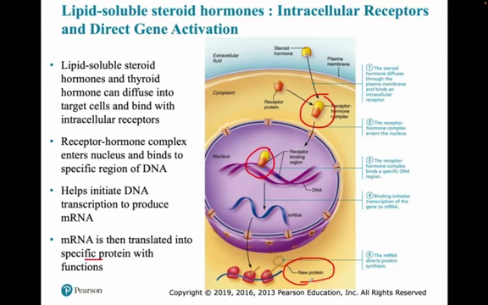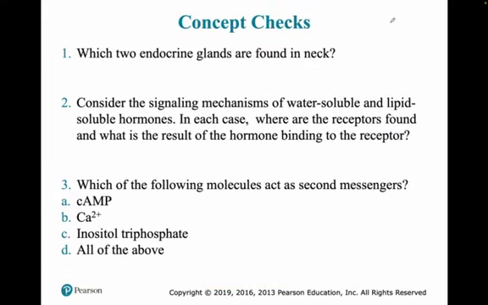So here the approach is totally direct. It is not working via any second messenger. It's directly entering the nucleus, working on the gene, creating a new transcription, and then finally a new protein that is doing the job. Therefore, this is called direct gene activation with the help of intracellular receptors. There is no second messenger in this case.